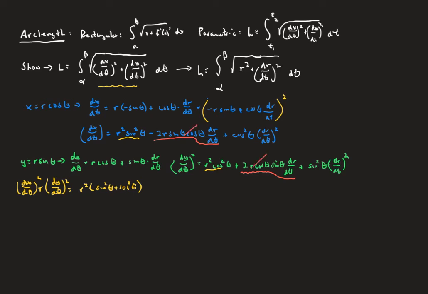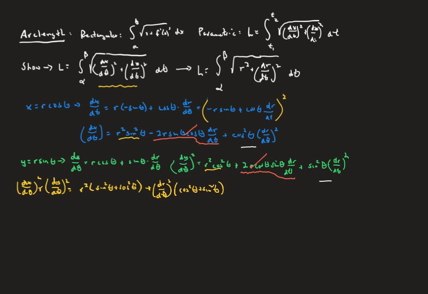Better still, in a similar fashion we get the cosine squared (dr/d theta) squared plus a sine squared (dr/d theta) squared. I'm going to factor out that (dr/d theta) squared, times cosine squared theta plus sine squared theta, which is convenient as well.